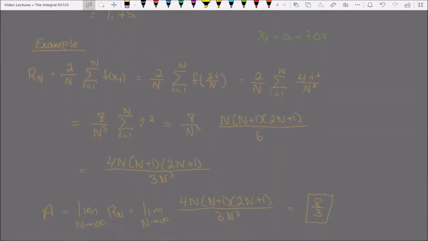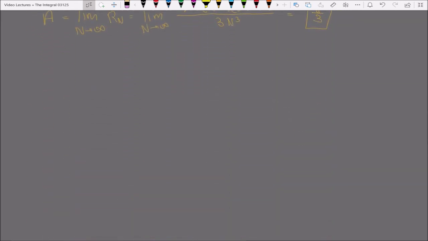For our third example, we're going to evaluate the integral from 3 to 6 of the square root of 9 minus the quantity x minus 3 squared dx.